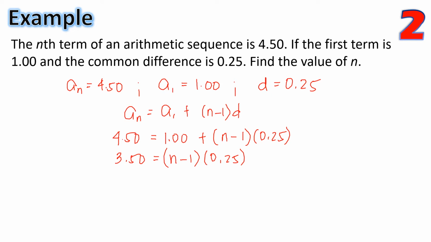We have 3.50 divided by 0.25, that is 14, equal to n minus 1. And lastly, adding 1 to both sides of this resulting equation, we have 15 is equal to n, or n is equal to 15.